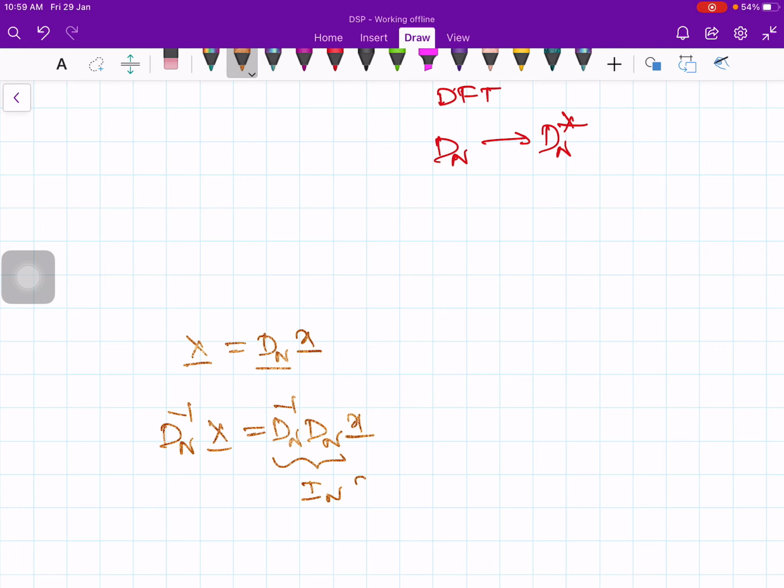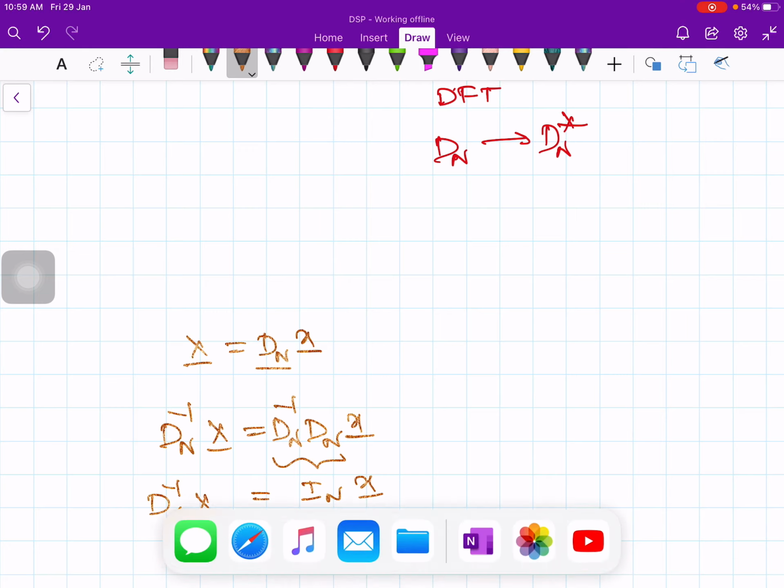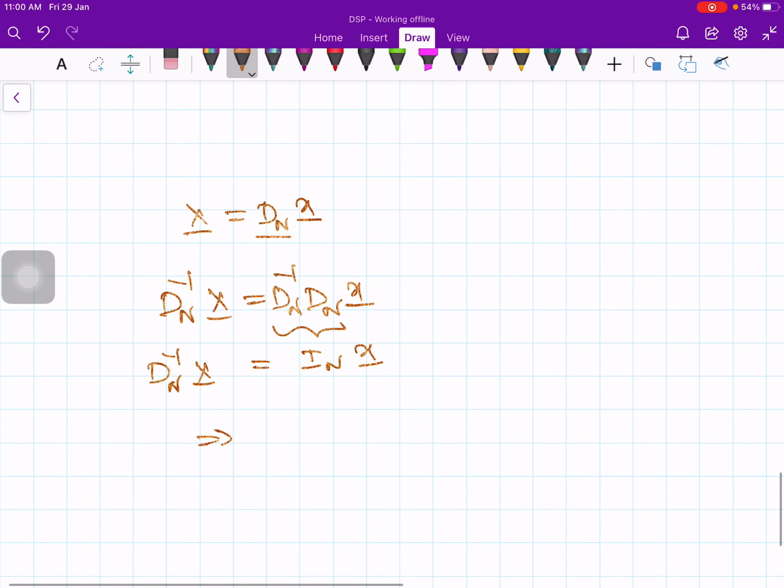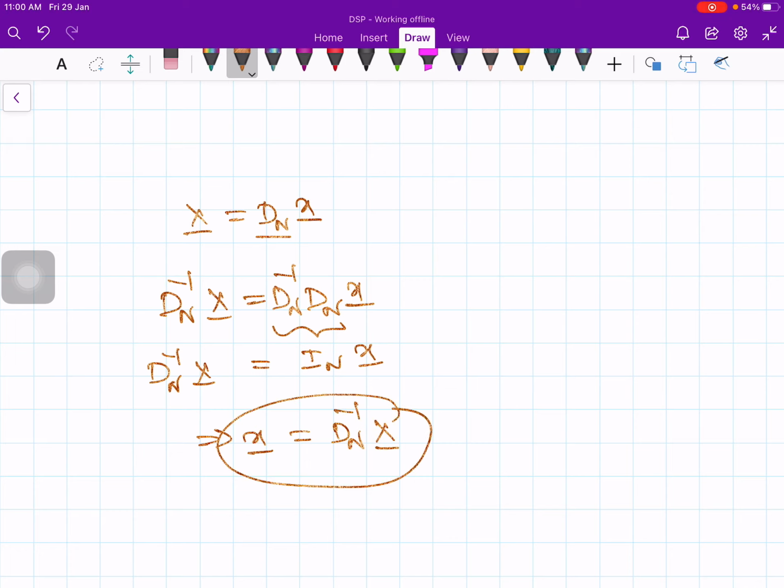Identity matrix times x is equal to dn inverse x bar. So this implies x is equal to dn inverse times capital X bar. This is through matrix operation.